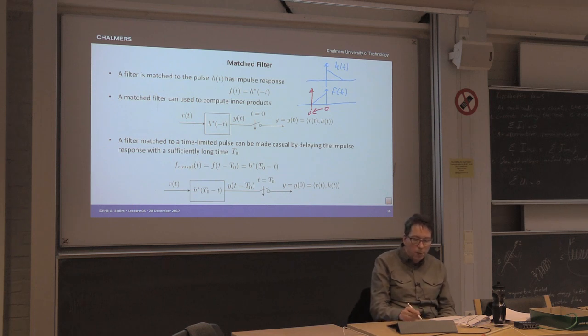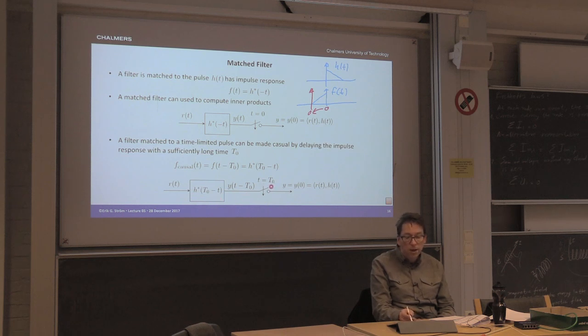So basically we take the matched filter and then we delay it by a suitable amount of time, t0, and then we can make f, the resulting filter, a causal filter, and then this will be the impulse response. And if we feed r with this causal filter, we get an output.